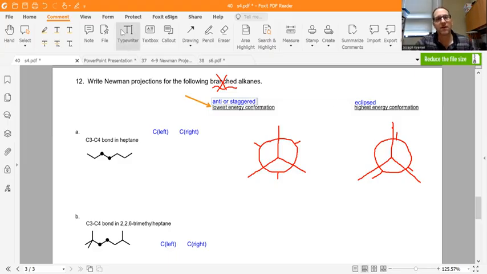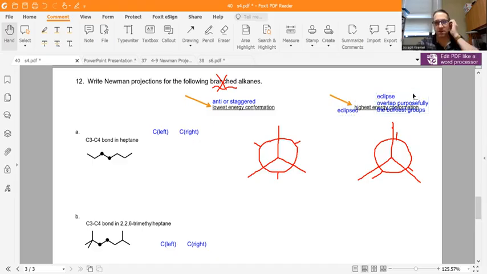Whereas when we go to draw the highest energy conformation, as I've already set this up here, it's going to be eclipsed, probably totally eclipsed, where we overlap on purpose the bulkiest groups. Eclipse or overlap, however you like. Eclipse, overlap the bulkiest groups. That's what we're seeking to do, to come up with the most unstable conformation.